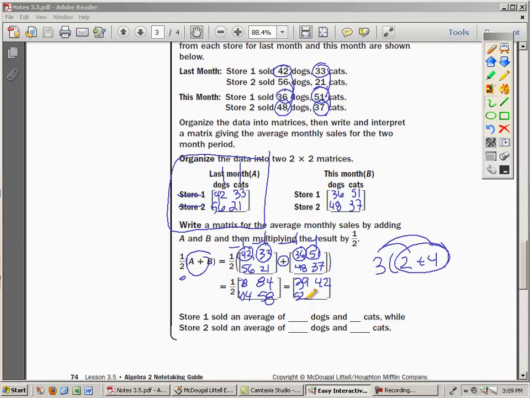And half of 58 is 29. And so now, this is still store 1, this is still store 2, this is still dogs, and this is still cats. So for store number 1, they sold 39 dogs, 42 cats, while store number 2 averaged 52 dogs and 29 cats. So we can use matrices to help us organize some of this information.